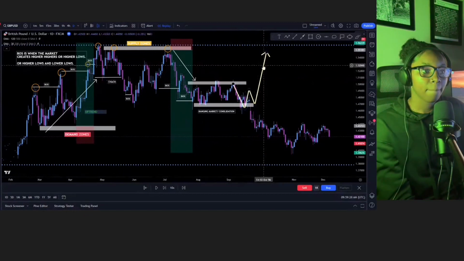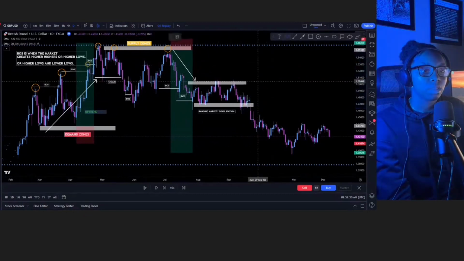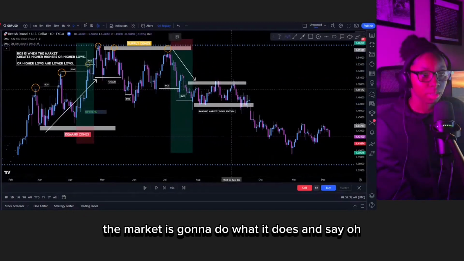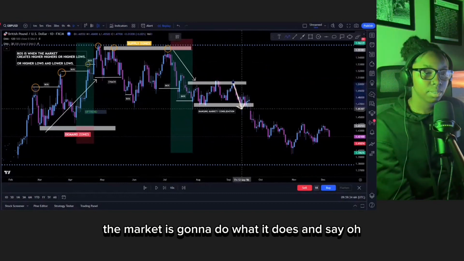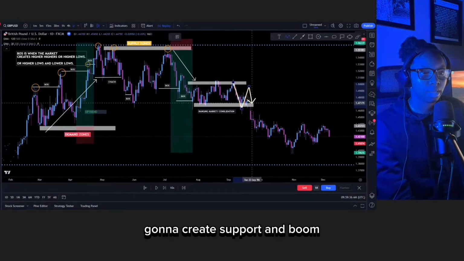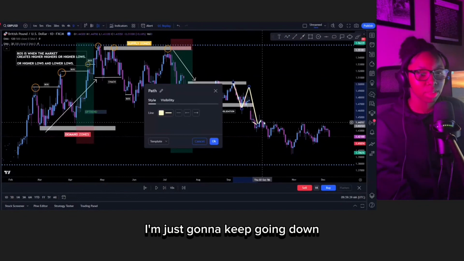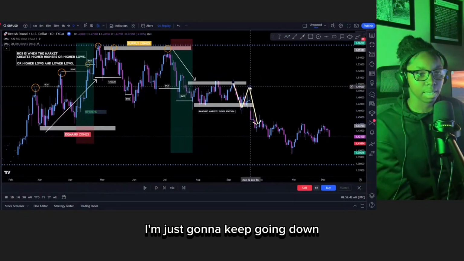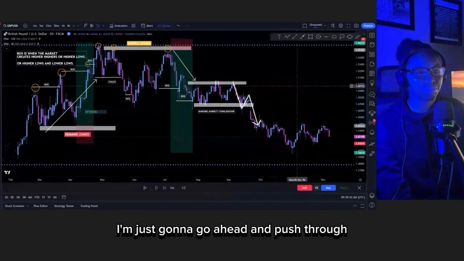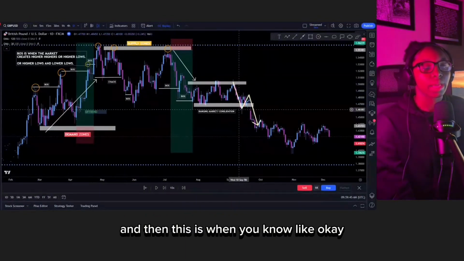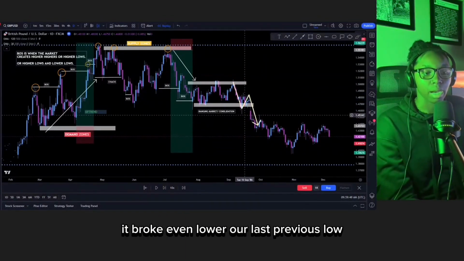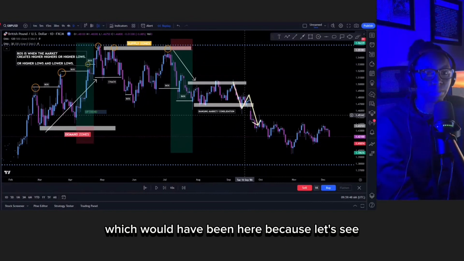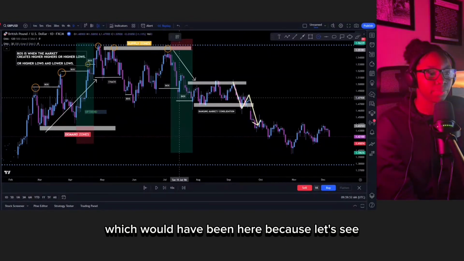Or the market is going to do what it does and say, oh, I'm going to create support, and boom, I'm just going to keep going down. I'm just going to go ahead and push through. And then this is when you know, okay, it broke even lower, our last previous low, which would have been here.